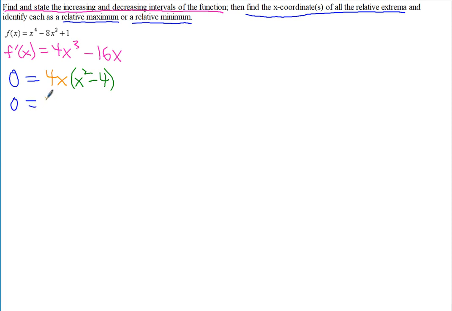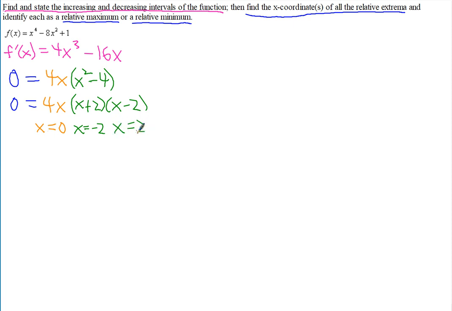We've got 4x, and using difference of perfect squares factoring, that factors into x plus 2 and x minus 2. So we've got 3 factors here, and one of these has to be 0. If you set 4x equal to 0, you get x equals 0. If you set x plus 2 equal to 0, you get x equals negative 2. If you set x minus 2 equal to 0, you get x equals 2.